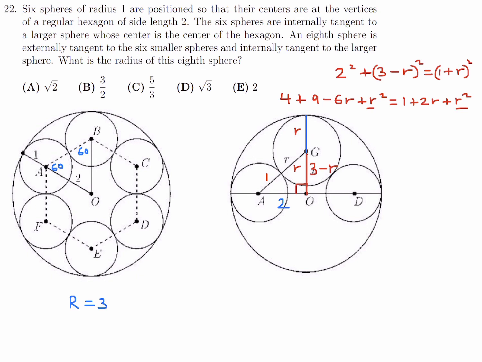This gives me 13 minus 6r is equal to 1 plus 2r. If I bring the 1 over, it becomes 12. Bring the 6r over, that becomes 8r. And therefore r is 12 over 8. In lowest terms, r will be 3 over 2. And therefore, for number 22, the answer is B.